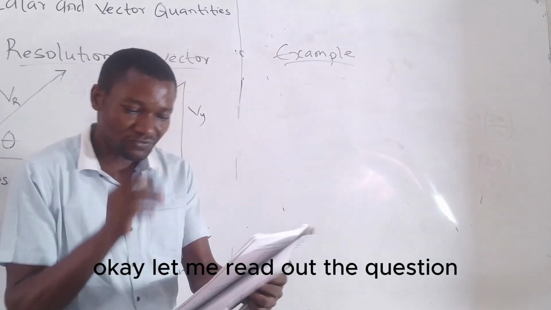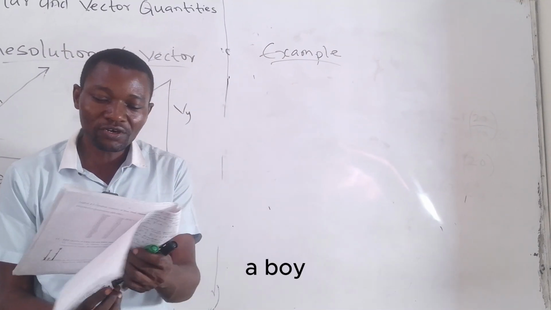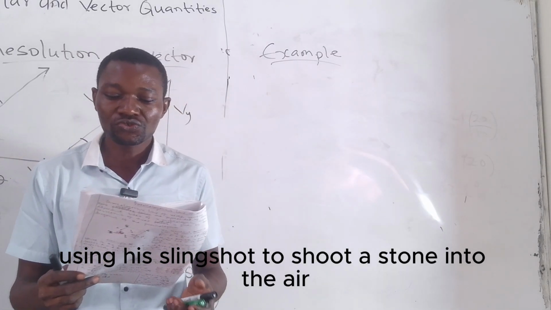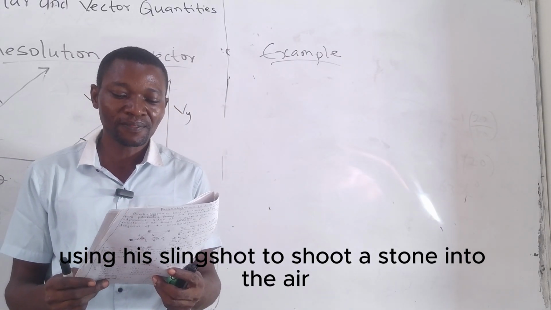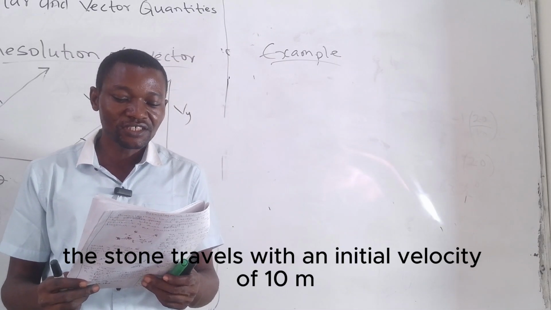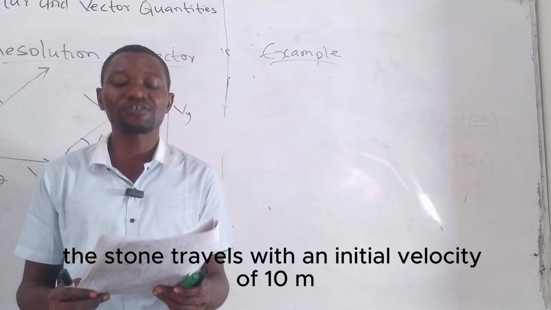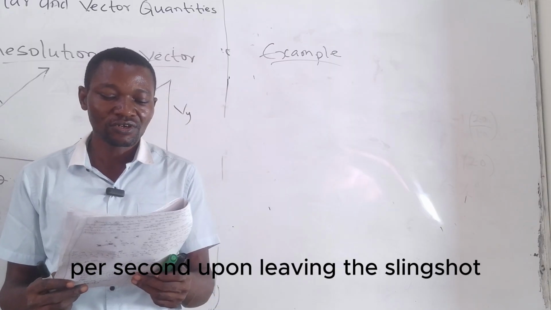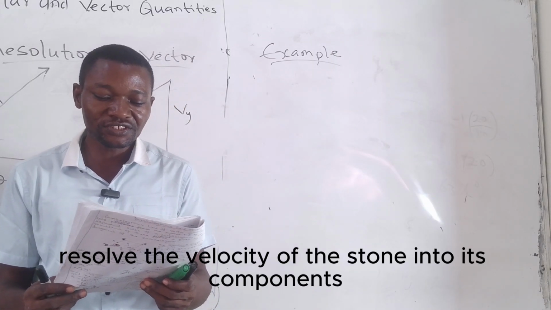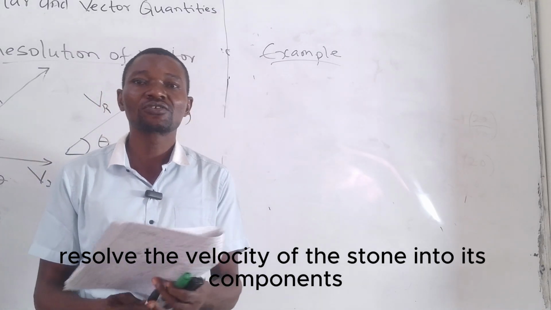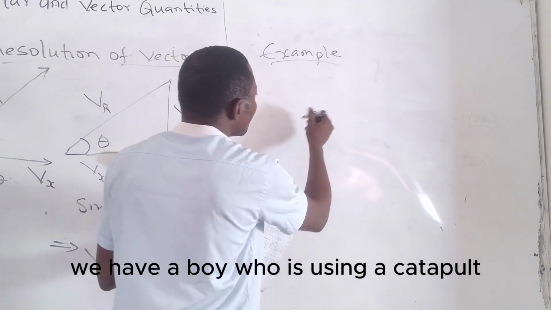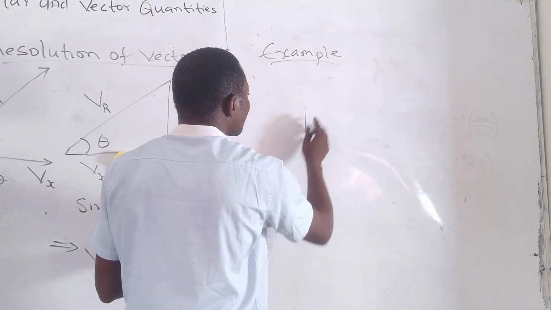Let me read out the question. A boy uses his slingshot to shoot a stone into the air at an angle of 30 degrees to the ground. The stone travels with an initial velocity of 10 meters per second upon leaving the slingshot. Resolve the velocity of the stone into its components. So how do we do this? We have a boy who is using a catapult.